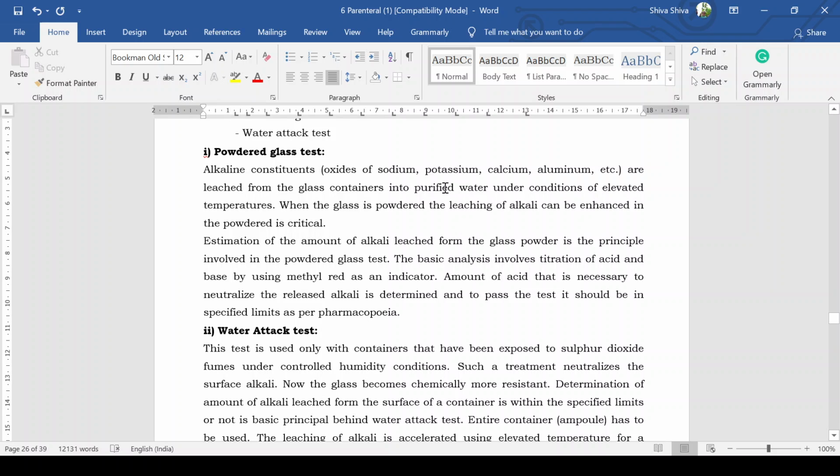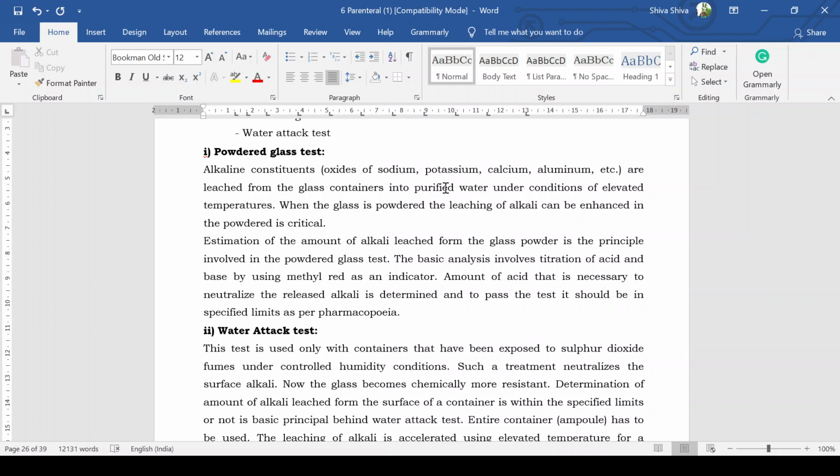Which means that if you increase the temperature of the glass container, then the amount of leachable substances like oxides of sodium, potassium, calcium, aluminum gets increased under high temperature into the purified water.